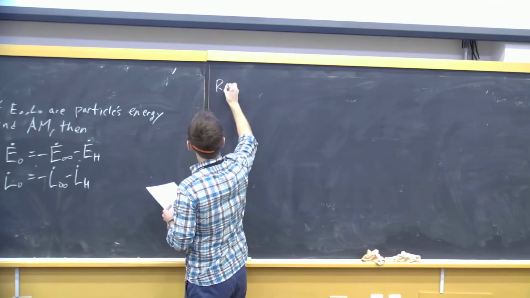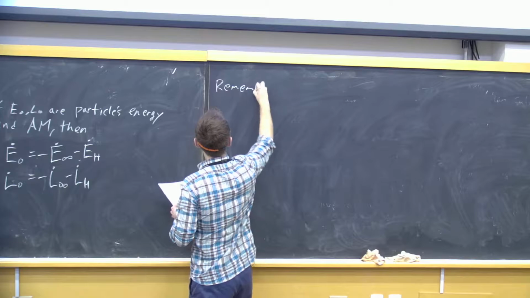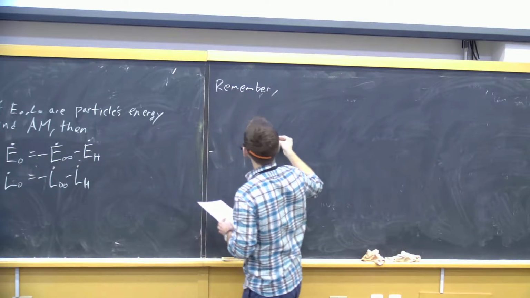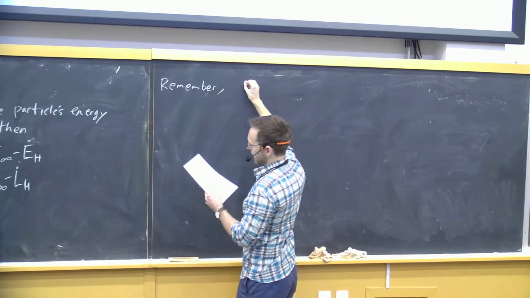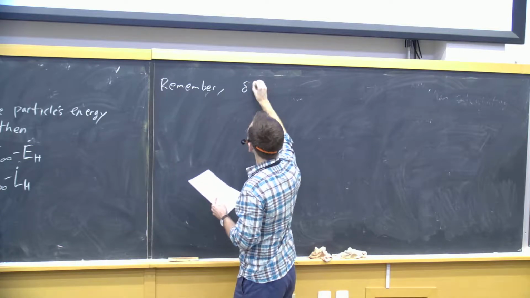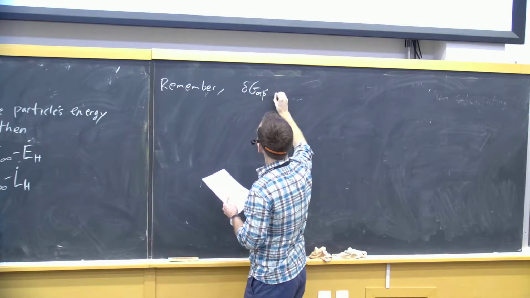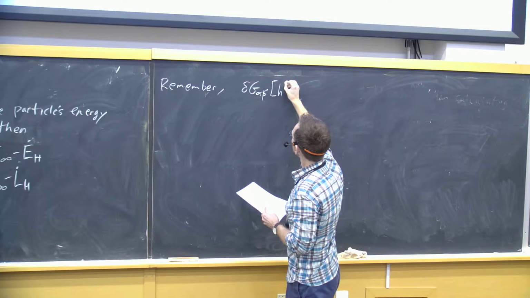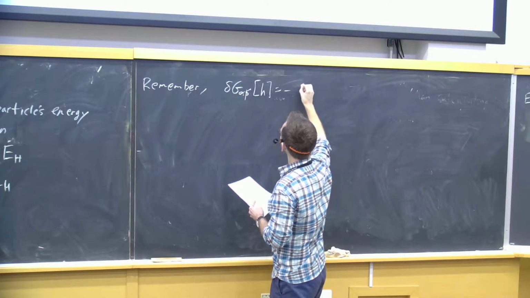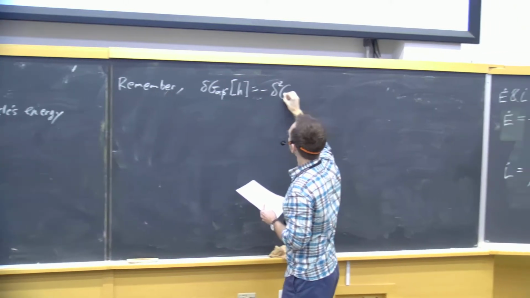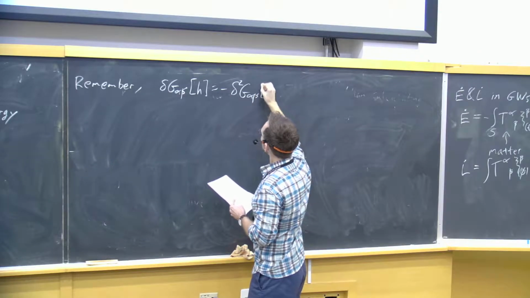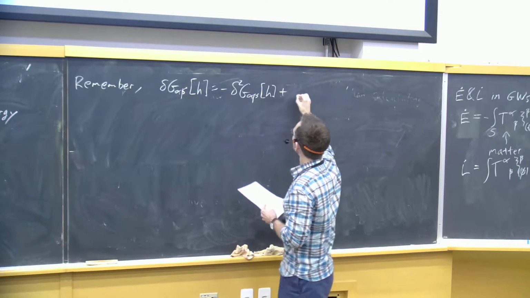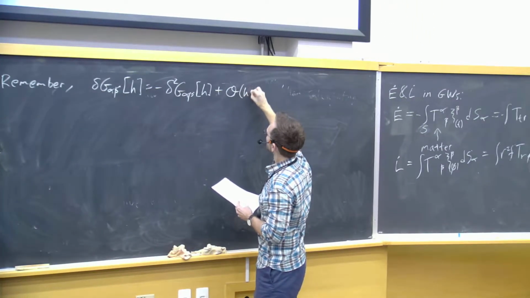So remember that in vacuum, we had delta G of h is minus delta squared G of h plus order h cubed.